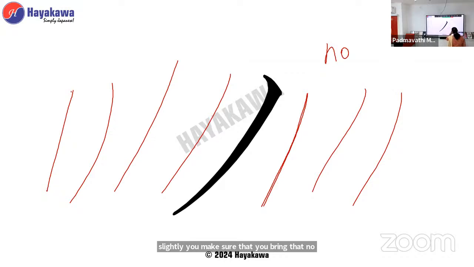But in a word, you can easily identify it, because everything in a katakana word is going to be in katakana only, so it will not confuse you that much. This is no.